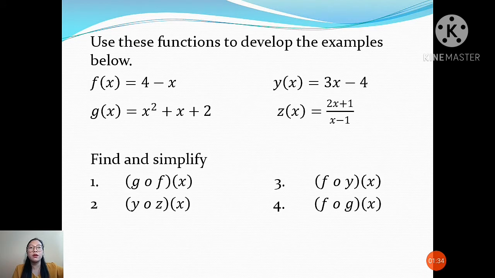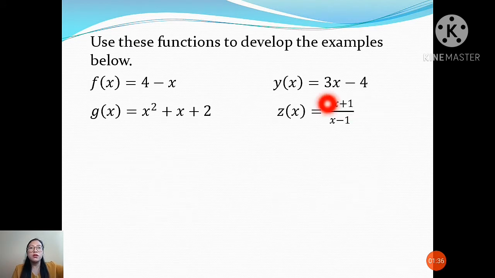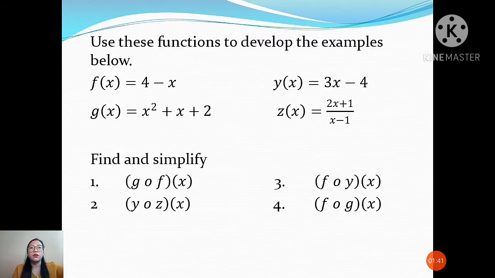Now let us have examples to understand more about composition of functions. Use these functions to develop the examples below. The given functions are f(x) = 4 - x, g(x) = x² + x + 2, y(x) = 3x - 4, and z(x) = (2x + 1)/(x - 1).